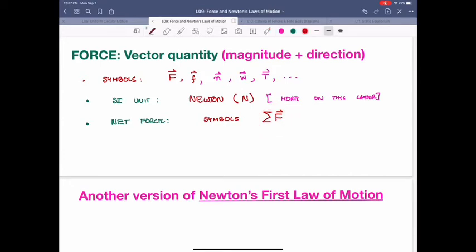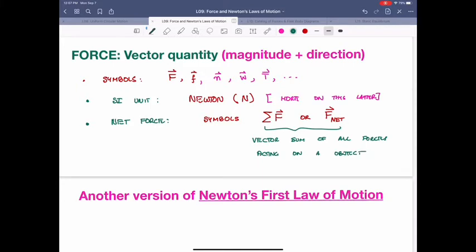Or sometimes you might just see the net force written as F net. So remember, the net force is the sum of all the forces that are acting on the system, so on the object. You want to read this as the vector sum of all forces acting on an object.